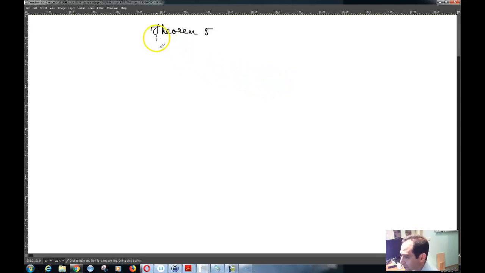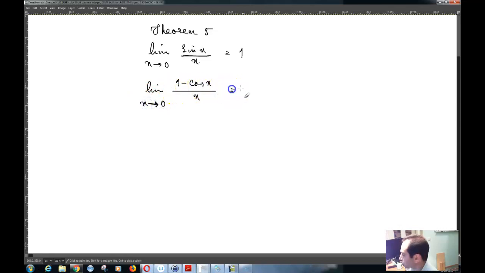The first one is the limit of sine x by x as x tends to 0 is equal to 1, and also the limit of 1 minus cos x over x as x tends to 0 is equal to 0.